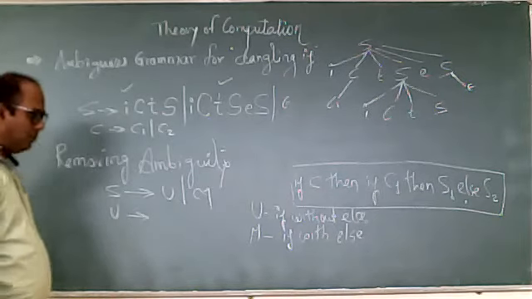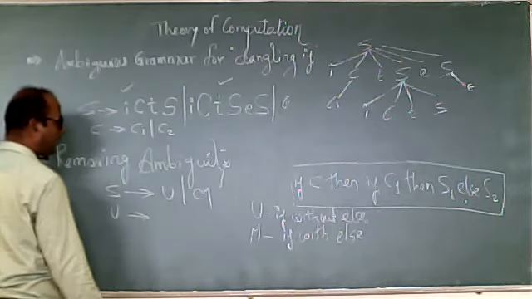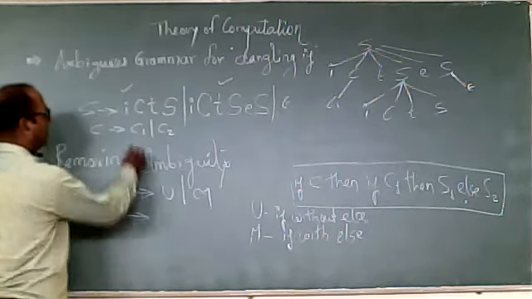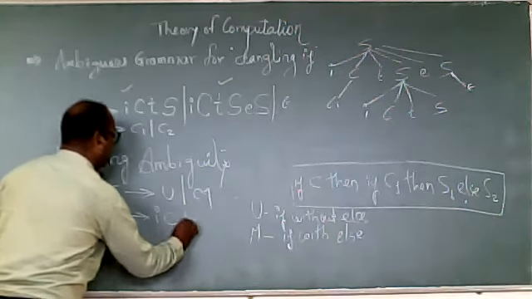Now the second production, with if, without if. How am I defining the without-else if, U? If condition, then statement.